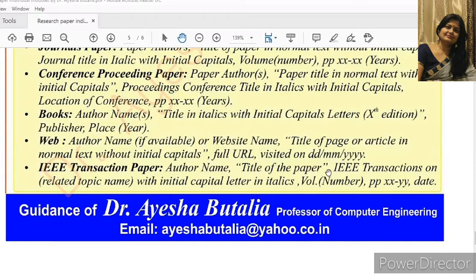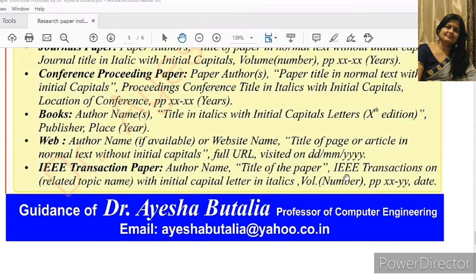It is clearly mentioned that it is a journal or transaction paper. But if it's a conference paper, you need to specify proceeding. The moment the word proceeding comes, it is understood to be a conference paper, whereas if no proceeding word is used, then it is a journal or a transaction paper.